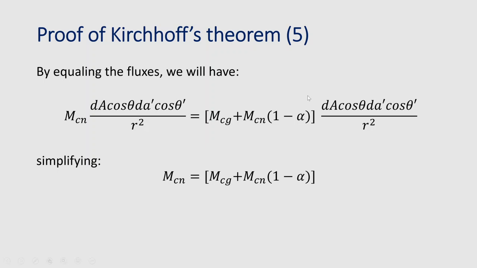So if we simplify these two quantities, the equalization of the fluxes is independent of the position of these two surfaces inside the radiant cavity.